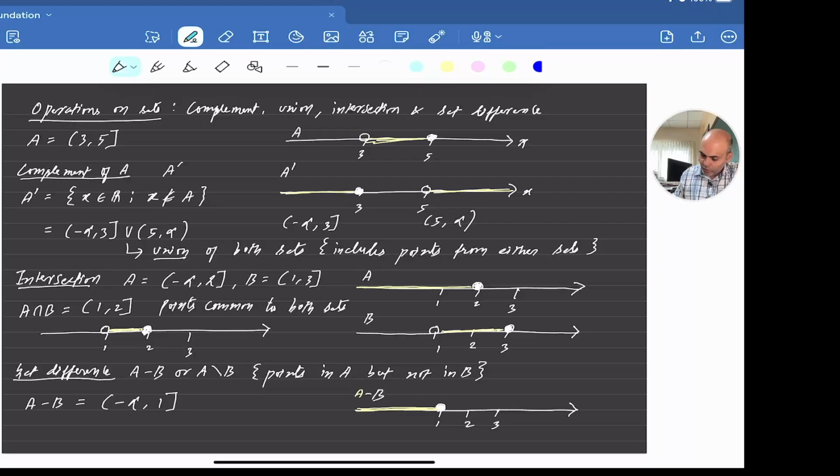You can also verify by yourself that this set is the same as A intersection B complement. So this you can verify by yourself.